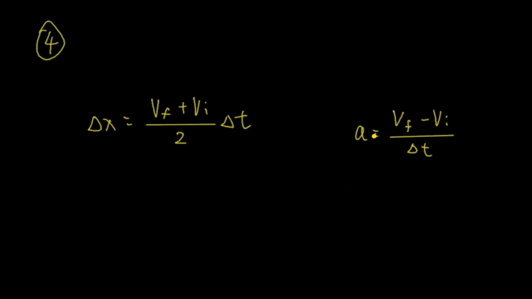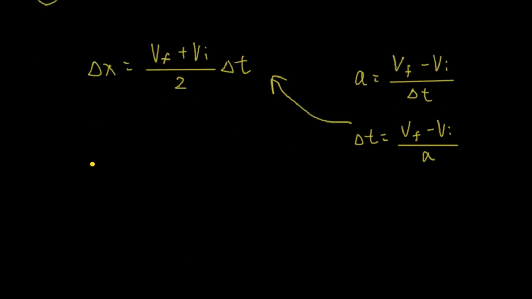So delta t is equal to v final minus v initial over acceleration. Okay, so I can replace this delta t into here.